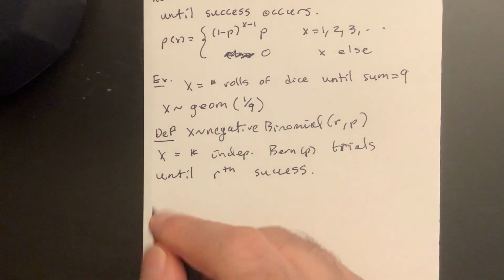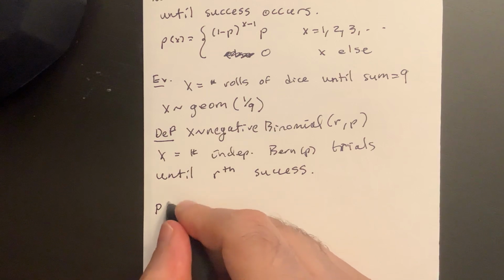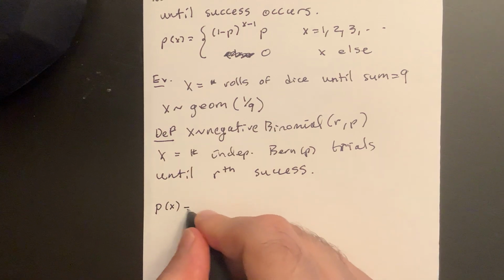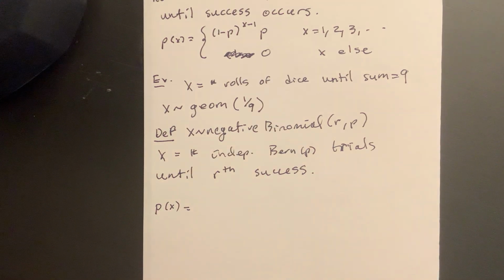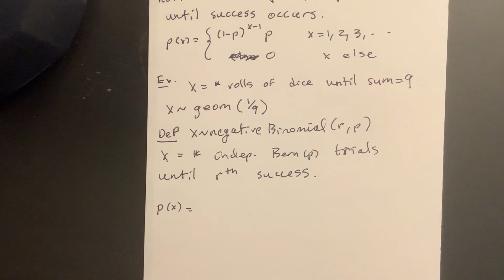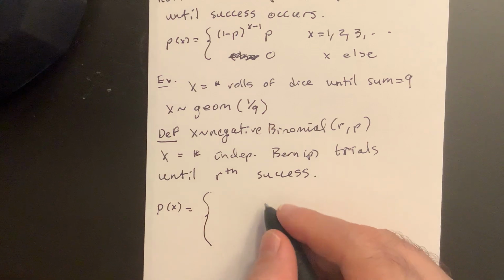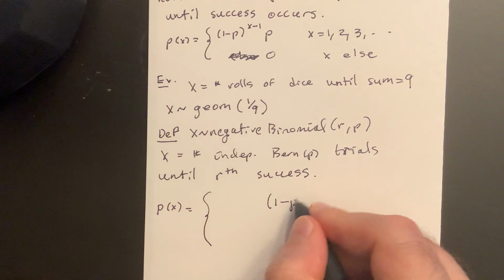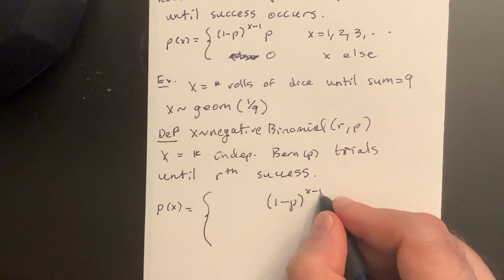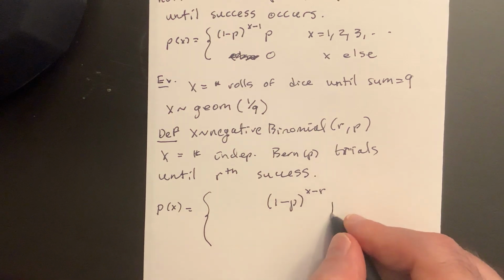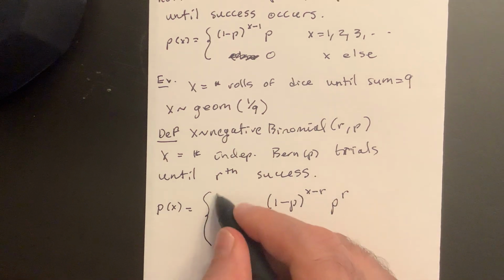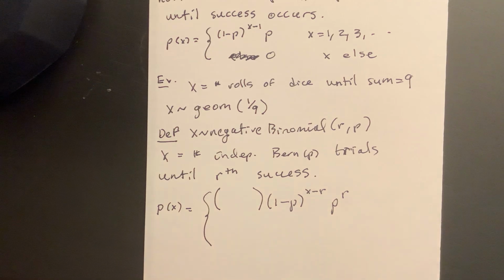So in this case, P of x is equal to, well, let's see. If I'm going to have R successes, I need P to the R. And then I would need 1 minus P to the x minus R, those are the fails. But I also have to count how many ways this can happen.